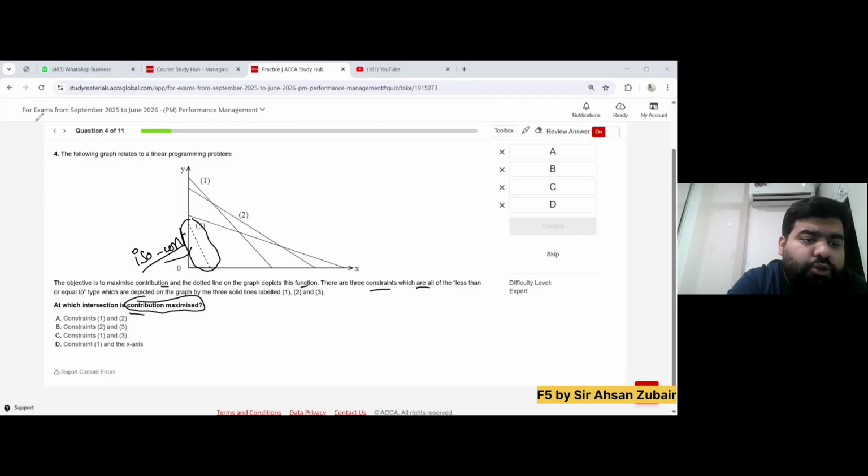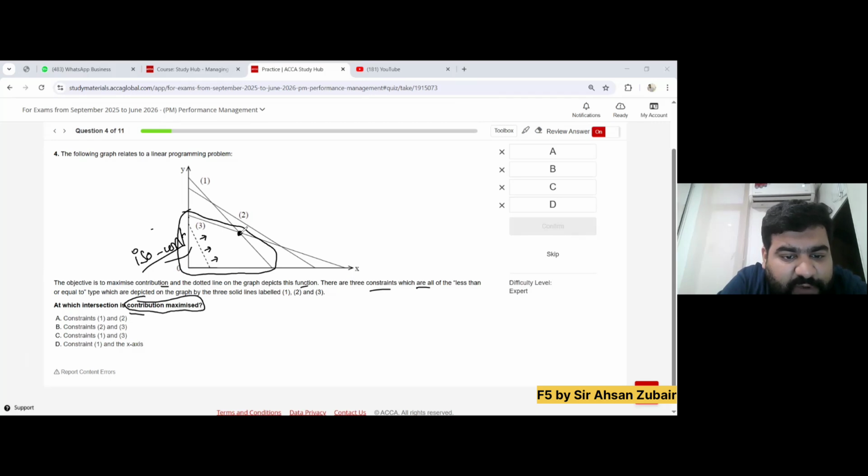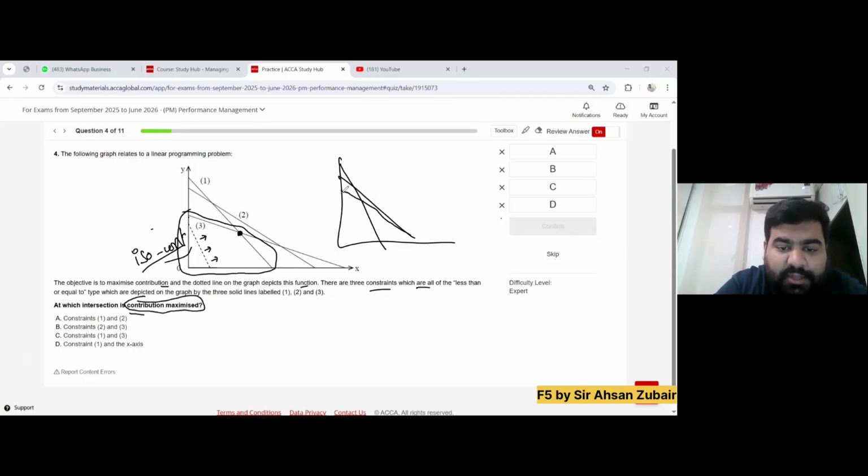You know the simple rule here: with the iso contribution line, we just drag the line and see what is the first intersection point that it will reach. If you see this internal part, there is only one point, this one, that can be touched with the iso contribution line. If the graph is like this one, for example this line, and for example this line.